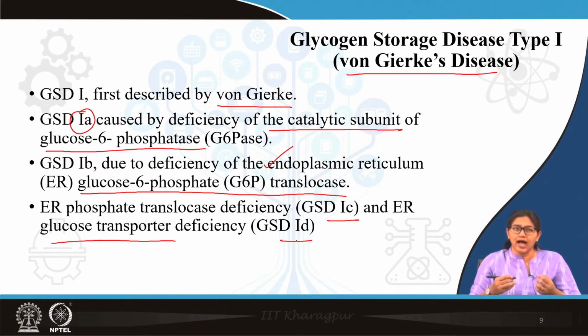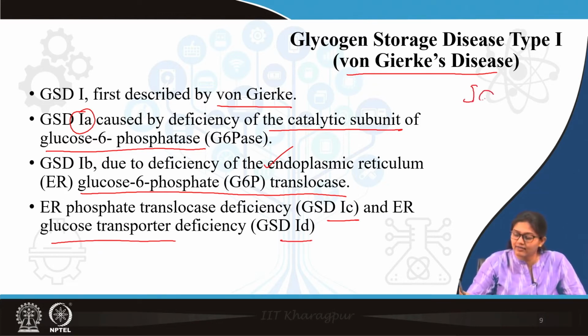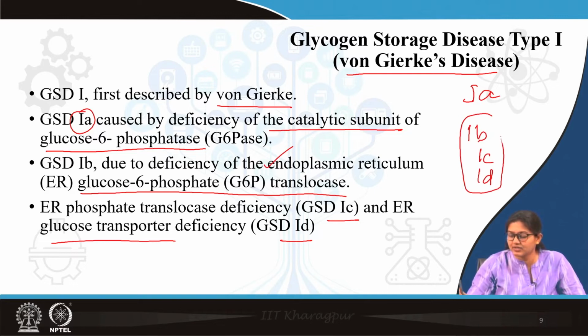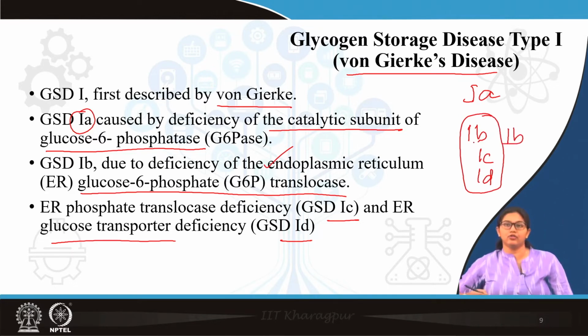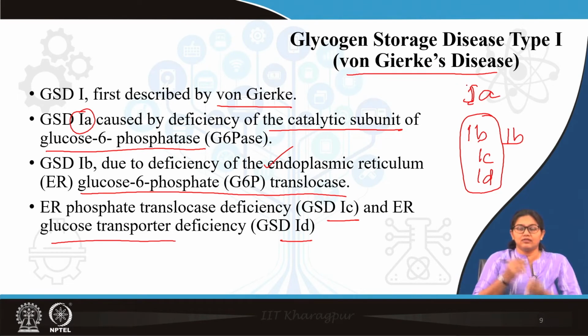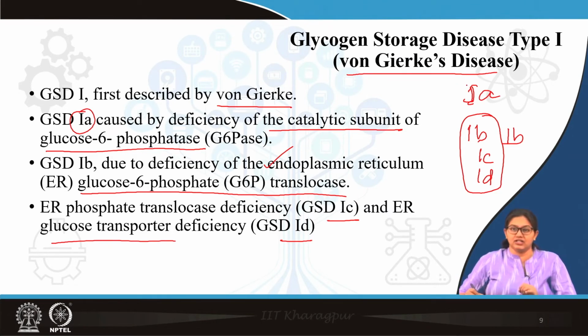But remember, apart from 1A, types 1B, 1C and 1D are sometimes clubbed together under 1B only. So, we are concerned about what finally happens with all of these types. Glucose 6-phosphatase function is affected, so there is no formation of glucose from glucose 6-phosphate.